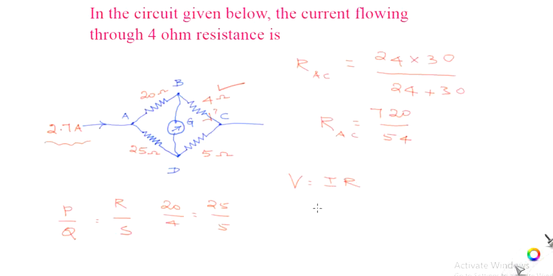Current is given, voltage we have to find out. Current is given as 2.7 ampere. Therefore, now this is the resistance, so it is 720 divided by 54.